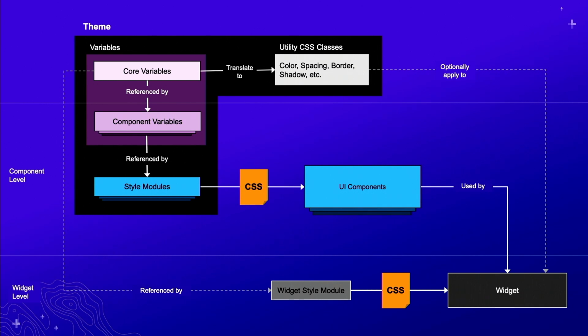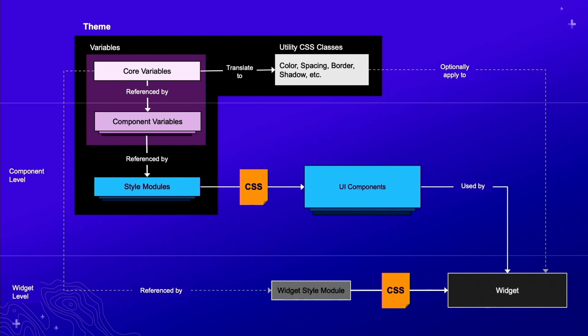So the CSS is then used to style the UI components shown in the middle of the screen. By default, the UI components are unstyled. Basically, they don't come with styles without a theme, and they only provide the HTML structures, lifecycle functions, props definitions, and the functional logic.